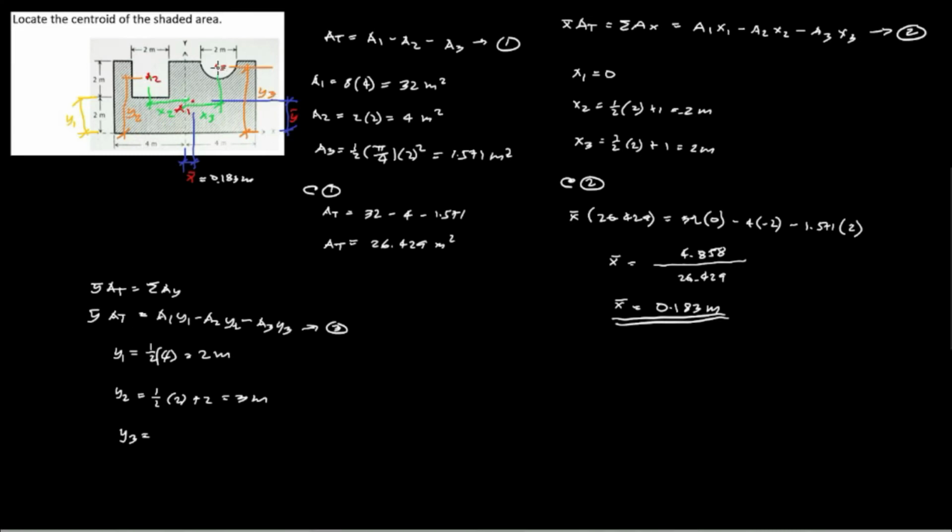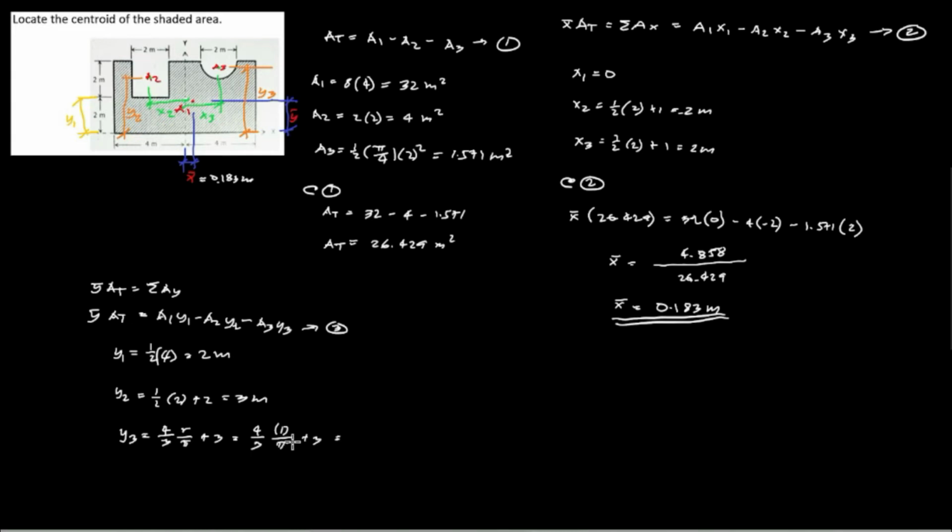The centroid of the half circle, based on the formula, from this point up to this point, is 4/3 r over pi, plus from this point up to the x-axis, 1 plus 2, or 3, plus 3 meters. 4/3 of the radius, which is 1 meter, divided by pi, plus 3.